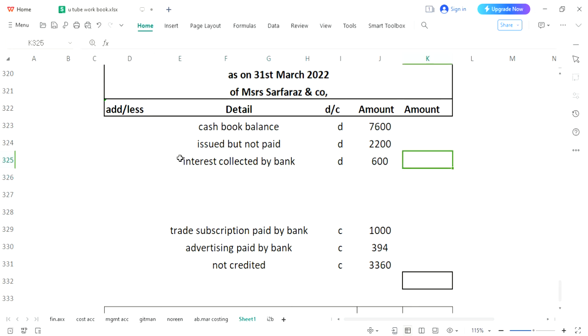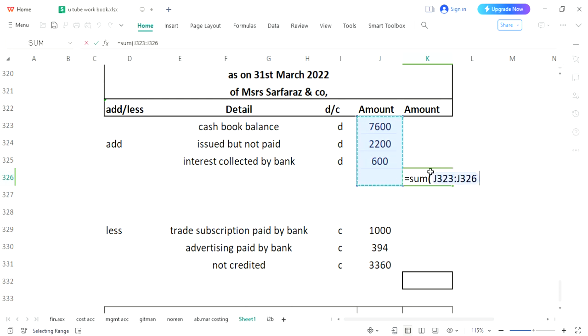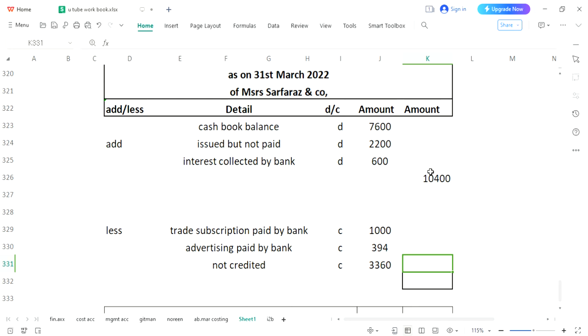As usual, in the second line you will write add, and in the next portion you will write less. Here you will take the sum of all amounts present on the debit side, just add them, and then we will take the sum of all amounts present on the credit side. Alright guys, the sum of the debit side is calculated, and the sum of the credit side is calculated.